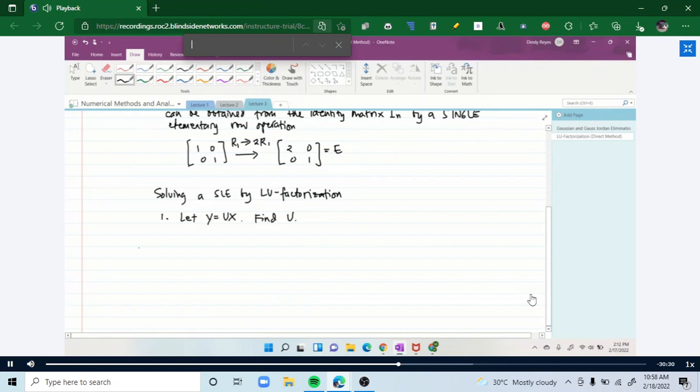Now let's solve a system using LU factorization. Solve the given system using LU factorization.